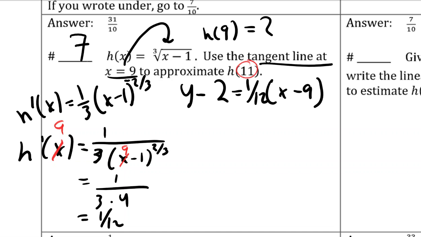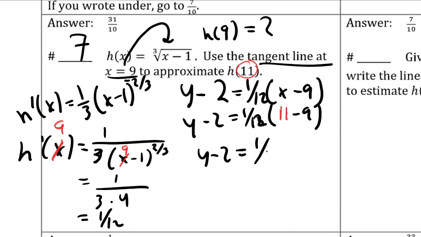And then now we're going to approximate that when x equals 11. So simply plug in 11 for x and solve for y. And of course you guys want to be kind of smart about the arithmetic here. Like you could distribute this 1/12 to get 11/12 minus 9/12.